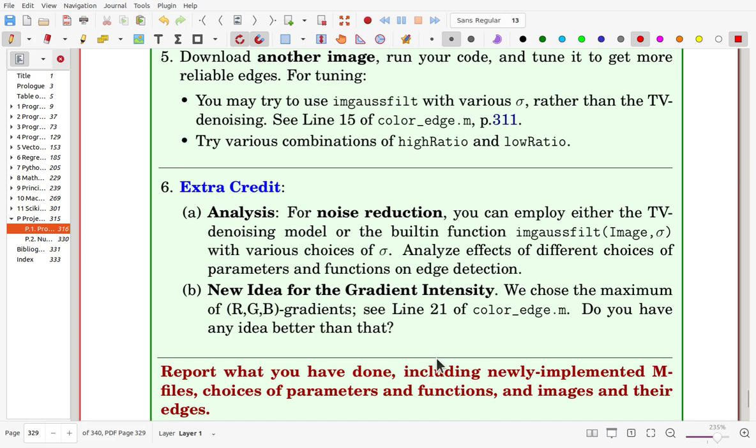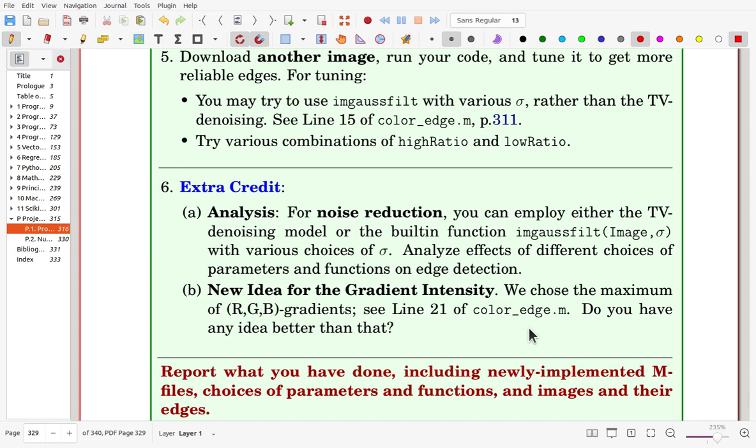And here, another one is a new idea for the gradient intensity. Right now, we chose the maximum of RGB gradients, and you can find it from line 21 of color edge.m. Do you have any idea better than that?